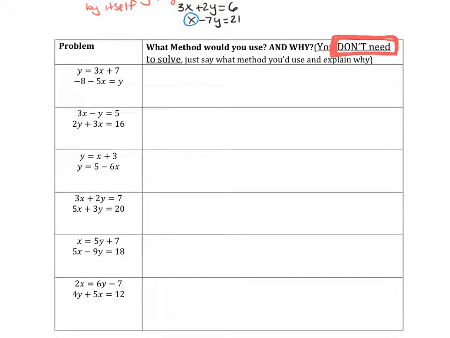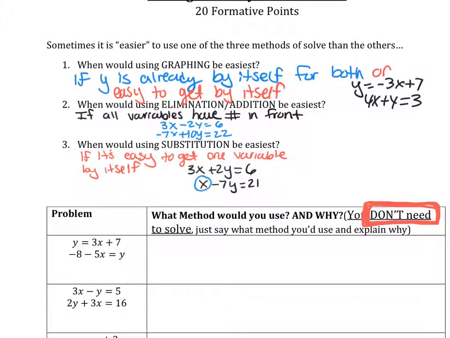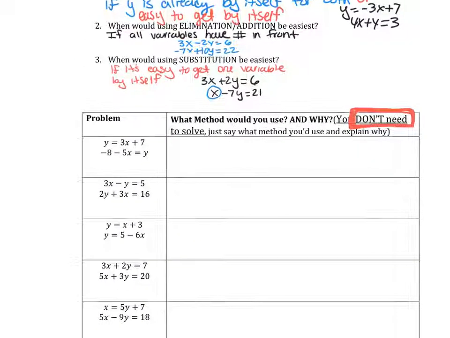All you're going to do is say, I'm going to use this method because. If you want to say because it's my favorite or because it's the one I know the best, that's fine. Or if you're okay with all three methods and you want to use substitution because it's easy to get a variable by itself, whatever you want to do, that's fine. But on this front page, you're telling me what method you would use and why.